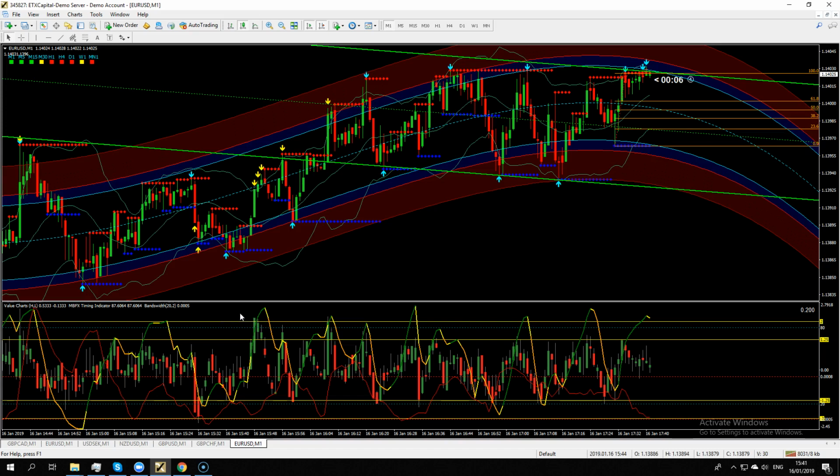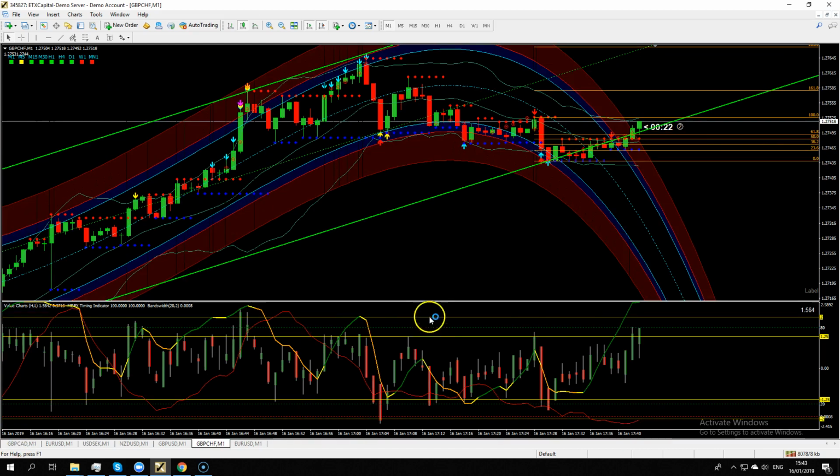I'm going to put in my other indicators, which are even stronger than that now, to show you. Okay, so I had to actually switch charts because Euro USD hasn't been moving a lot recently, so I wasn't getting any of my main arrow indicators. But here you see on GBP CHF we have a magenta, and actually hidden underneath that is also a blue arrow, and then finally an orange arrow here.